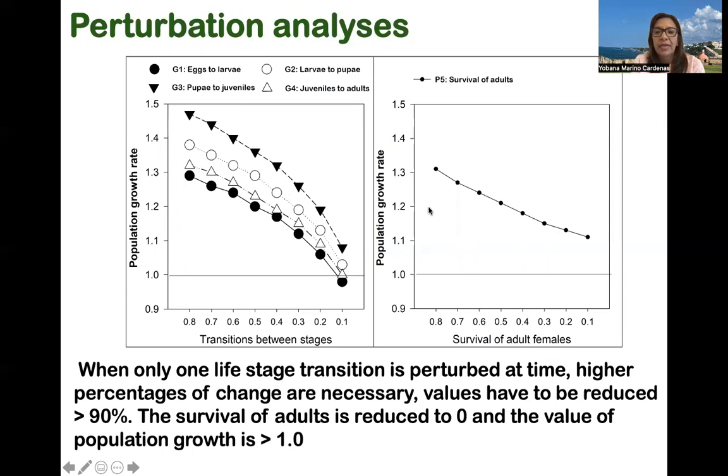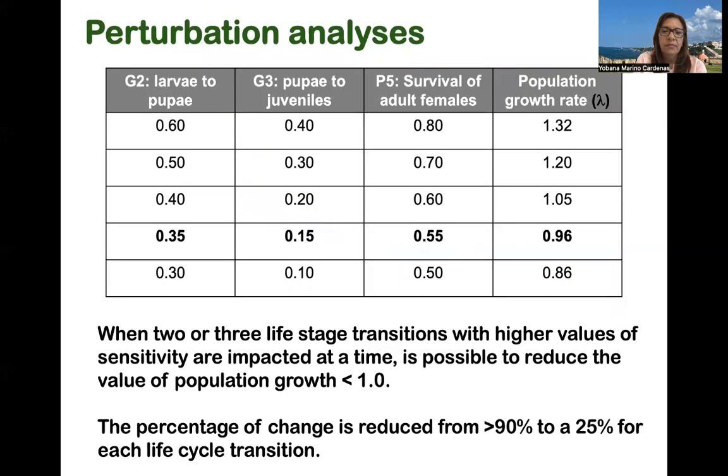And here, in the case of the survival of adult females, we reduce the value of survival of the adult female from 80 to 0, and the population growth rate value continues to be more than 1.